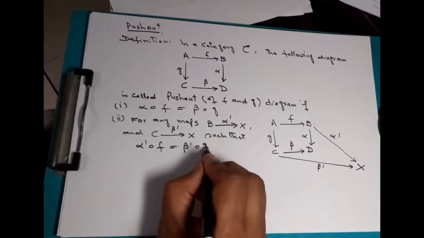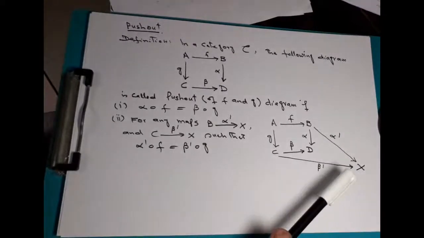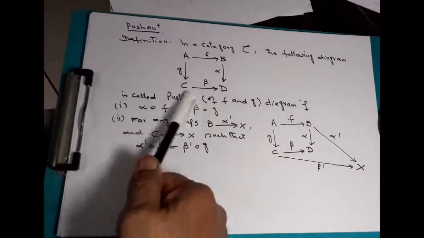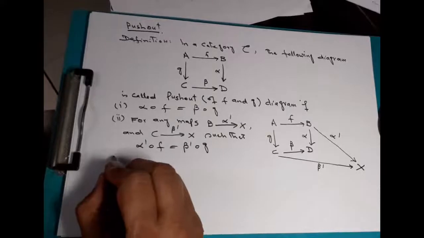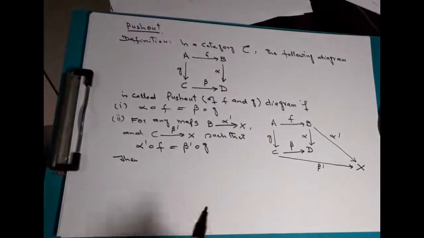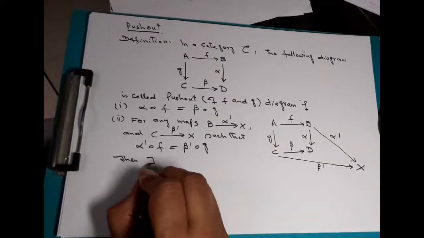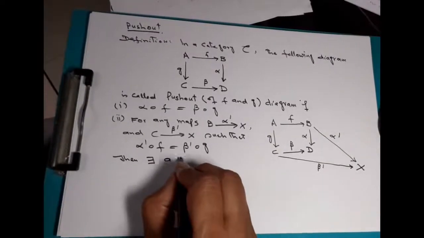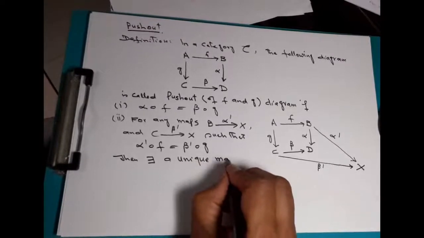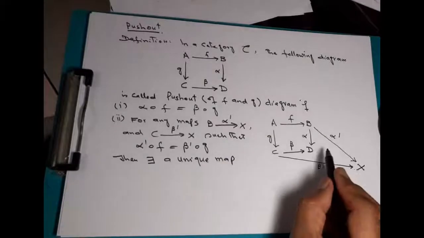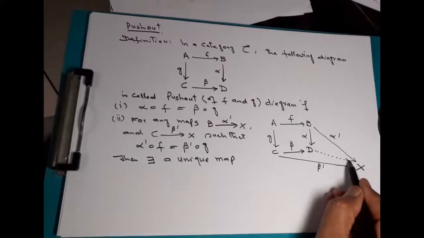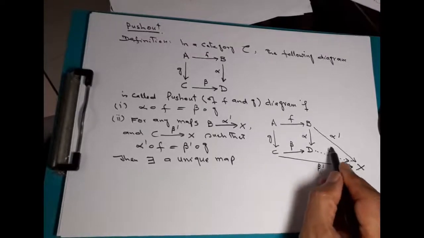In fact, what we are saying is that if there are two maps satisfying the same condition, then there exists a unique map from D to X. Let's call this map theta.